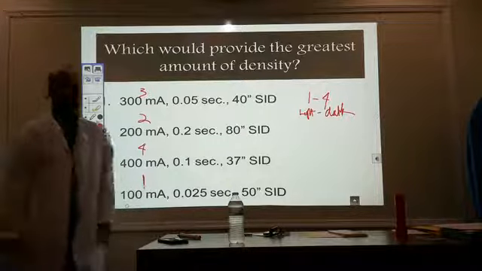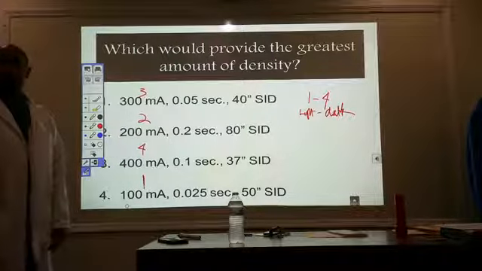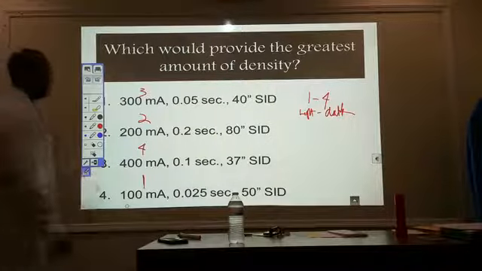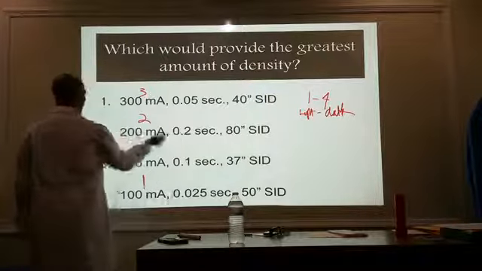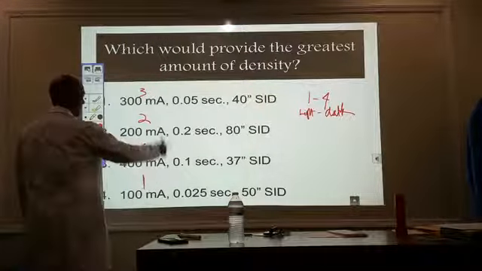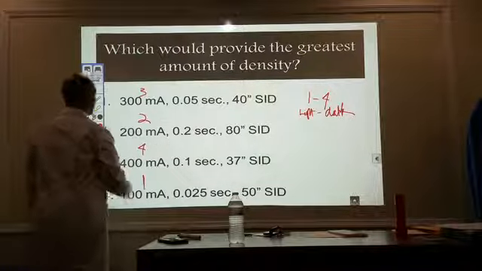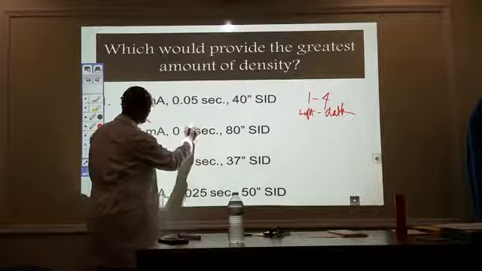Okay, what do we know about time? Short time or long time? Long time. It's going to give you more density. Long time, okay? What I like to do is, when I'm looking at it like this, it drives me crazy, so I like to add zeros so that all the numbers look the same. So, let's just call that 10, and the 1 is 20.